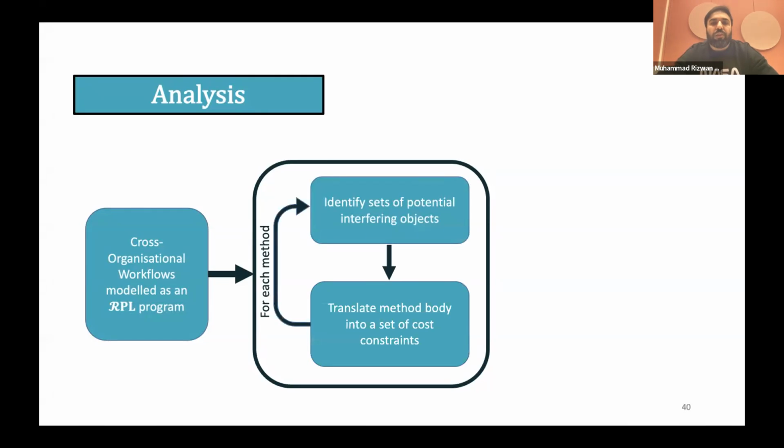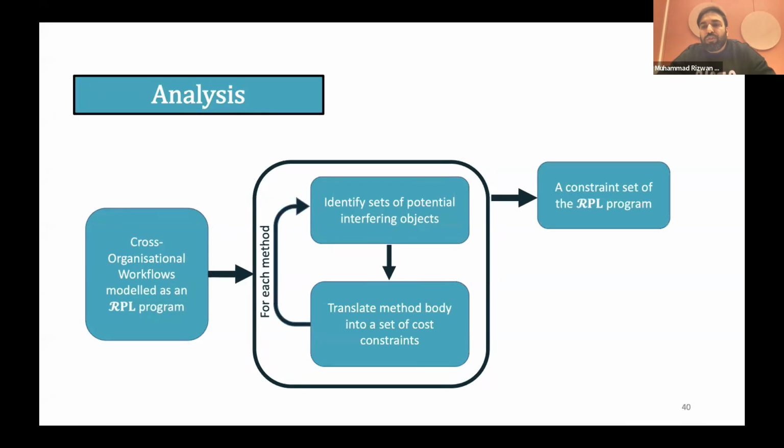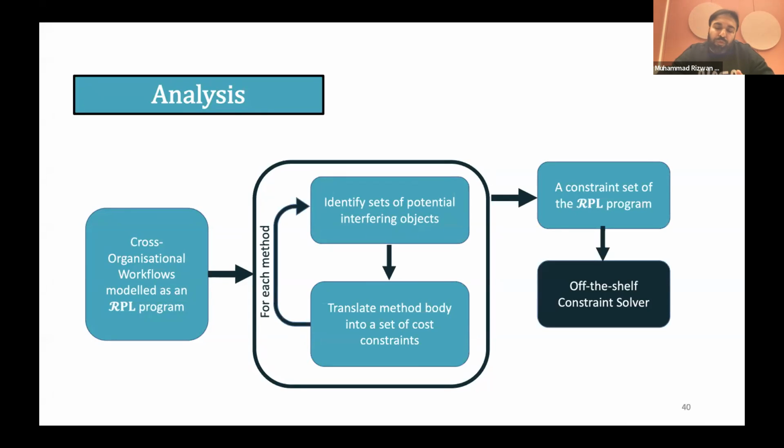We iterate this approach for each method. At the end, when we have applied this approach to every method, including the main method of a program, we will have a constraint set. Then we can feed the constraint set to some off-the-shelf constraint solver, and then we can have an over-approximation of workflow execution time.